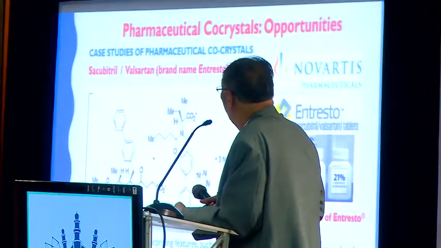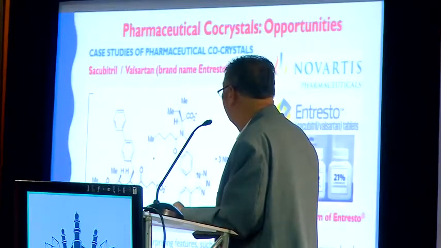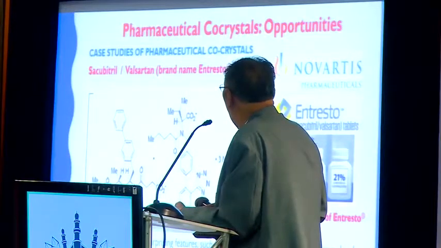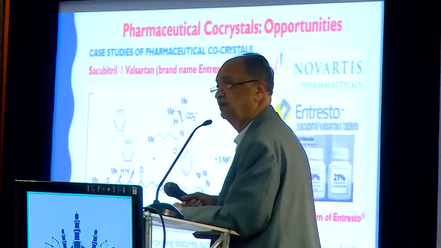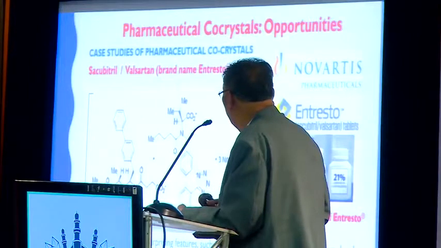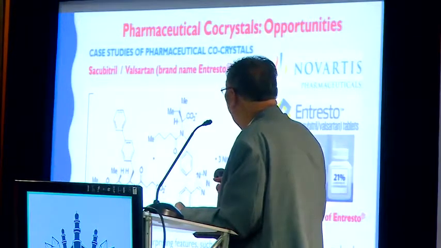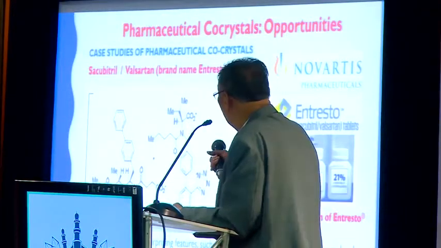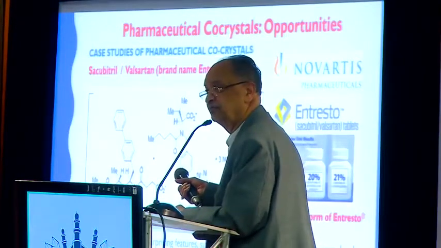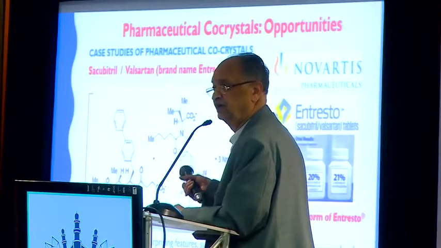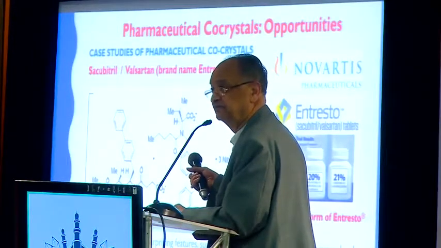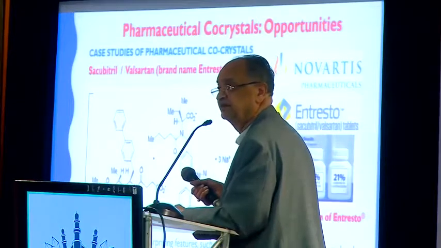Notice here, sacubitril, which is a neprilysin inhibitor, and valsartan, an angiotensin antagonist, both were combined in 1:1 ratio and in that format. This is both a molecular co-crystal, and also an ionic co-crystal and a solvate, hydrate. All three are combined in this.